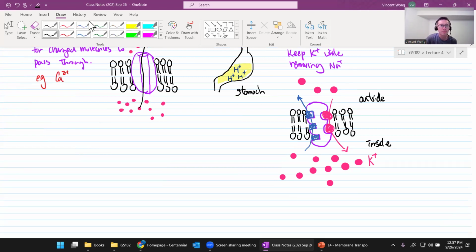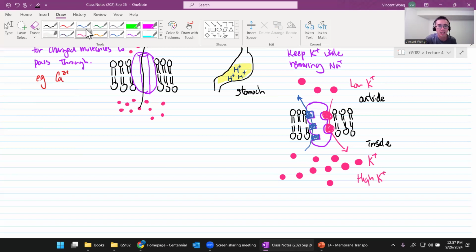Over time, you will have high potassium inside and low potassium outside, which totally makes sense because you're bringing all of them in. If you want to continue to do this, you are moving potassium against its concentration gradient, going from low to high.